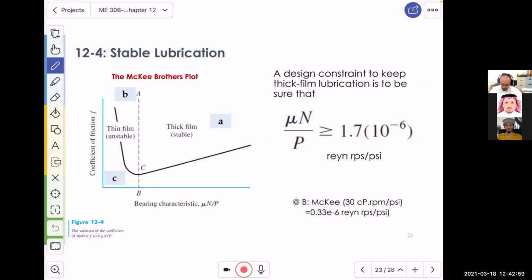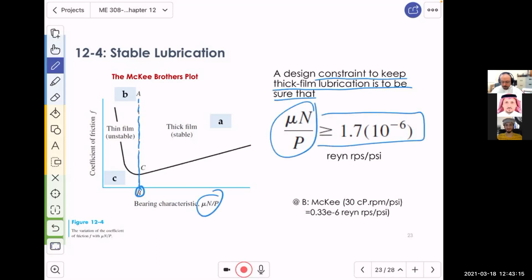So the question is, what is this value? This value, as a design constraint to keep a thick film lubrication, is to ensure that this value is greater than this number, which is N per second per PSI, which is equivalent to 30 centipoise RPM per PSI.